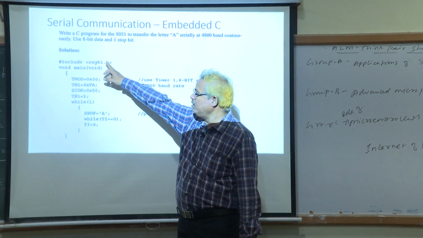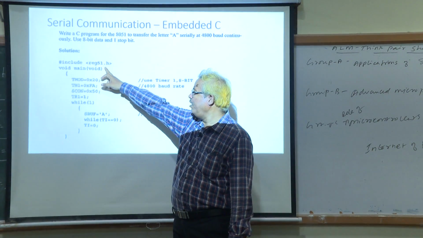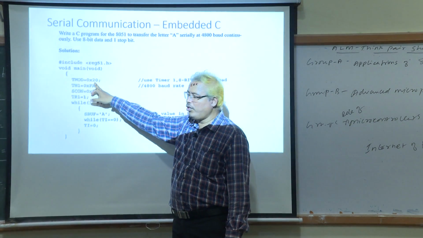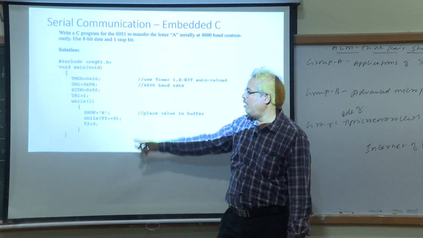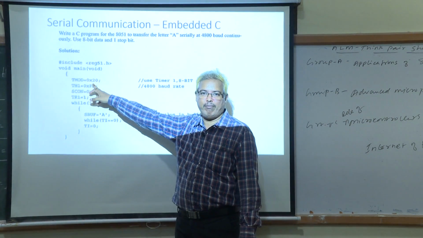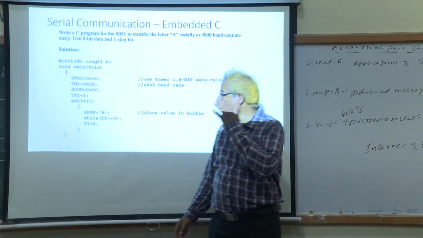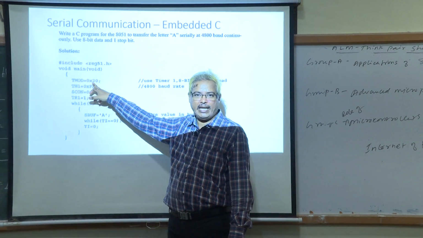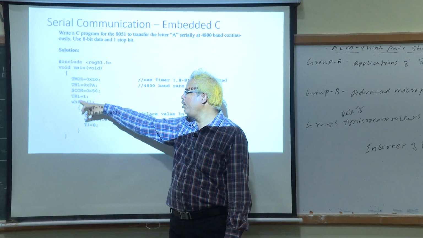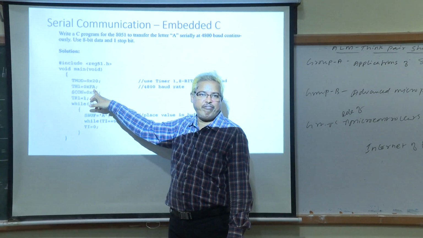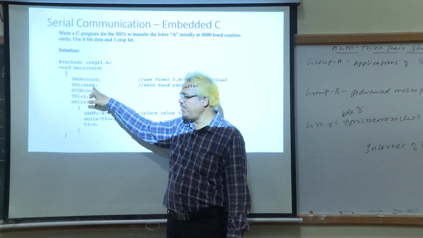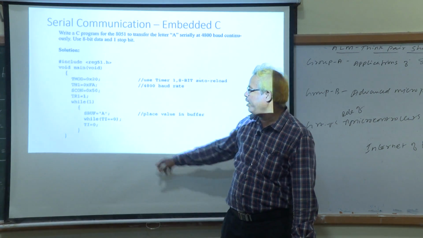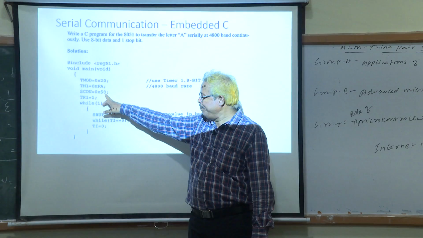For this the program is: include reg51.h. The header file is included first, then TMOD 0x20, which means timer 1 is used in mode 2, that is 8-bit auto reload. So the timer is an 8-bit timer with 8-bit auto reload. TH1 FA, if the initial value of the register is FA, then the baud rate will be 4800. Then SCON is 0x50.